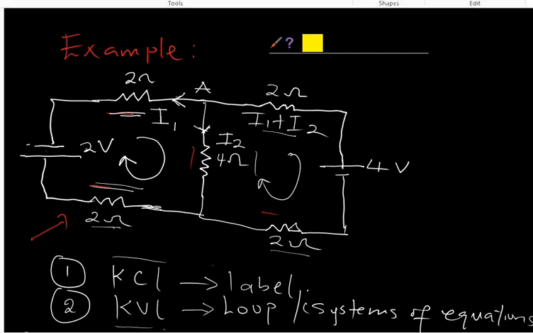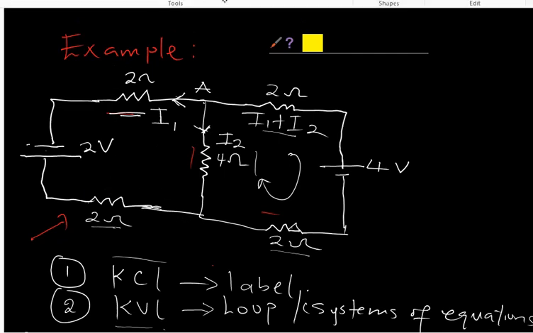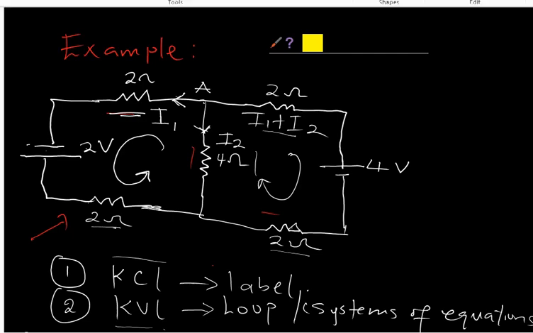If I want to go by that standard, looking at this loop, current flows in an anti-clockwise direction. Then this one, current flows in a clockwise direction.